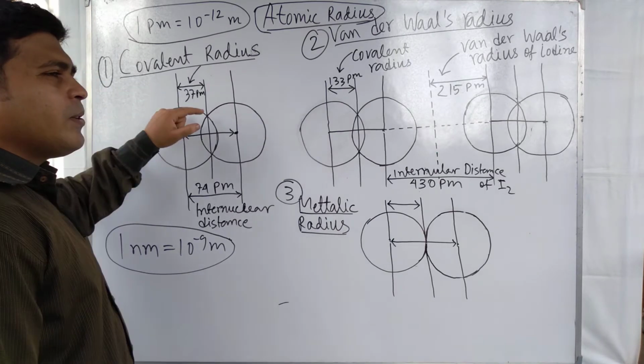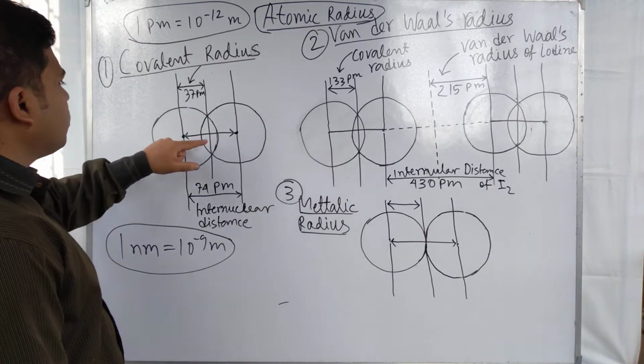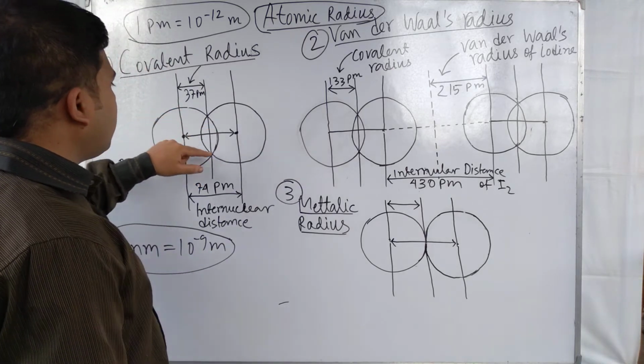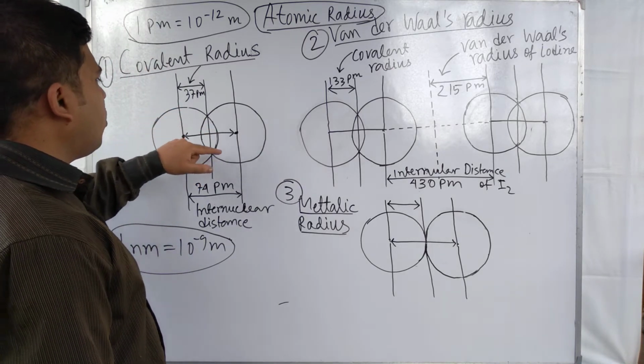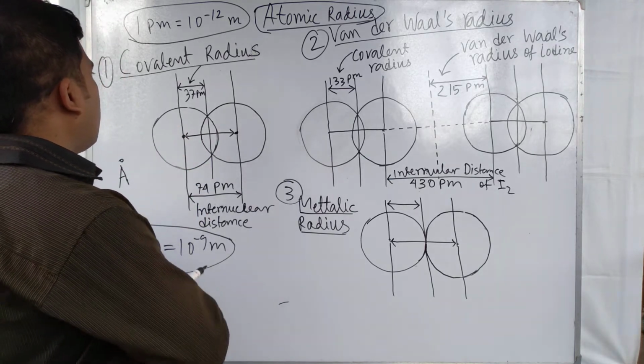Covalent radius measurement is only for covalently bonded molecules, for example hydrogen.